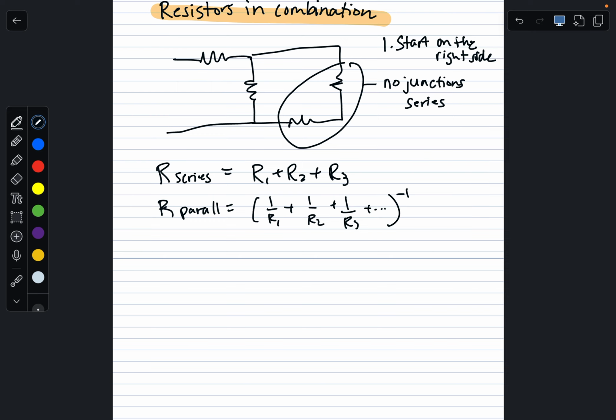So, RC circuits. Next, one question, one calculation. And it's going to be just like what you've already seen.